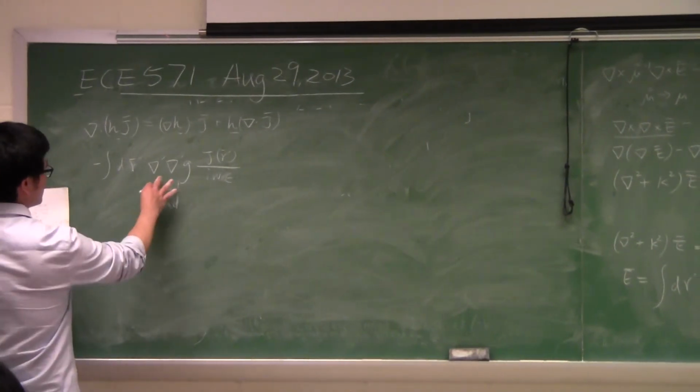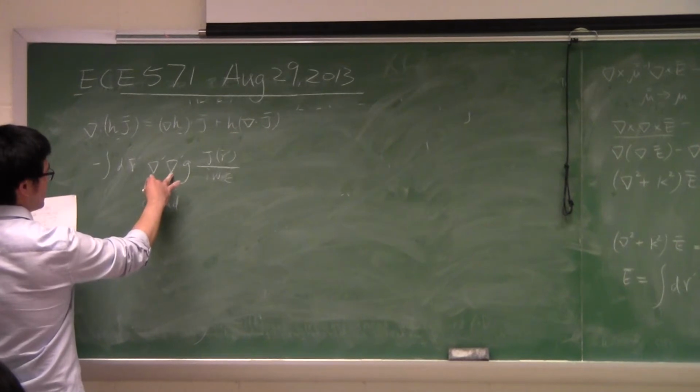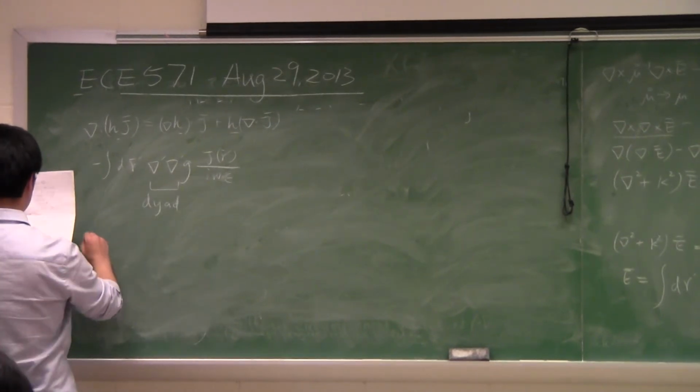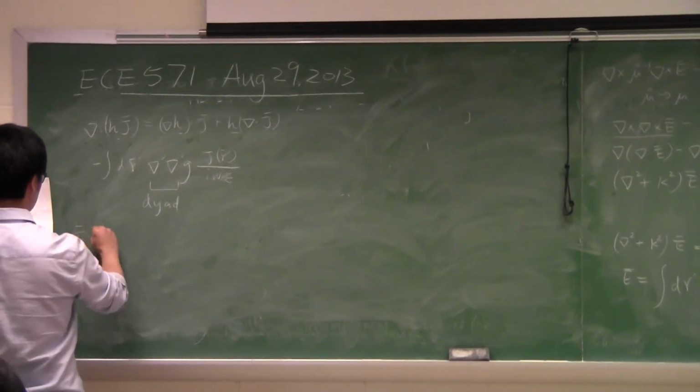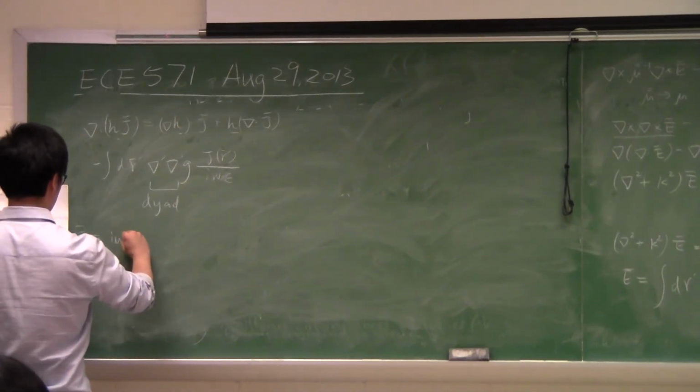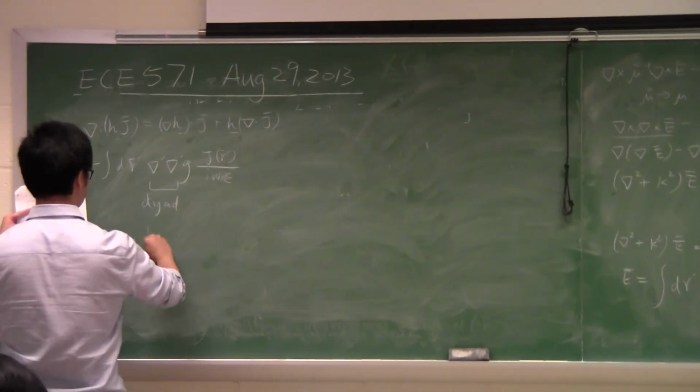So now we have moved both operators onto G. And the E field we can just write out like this.